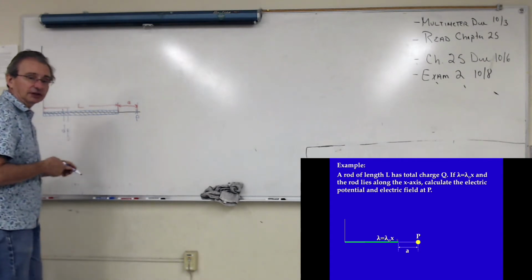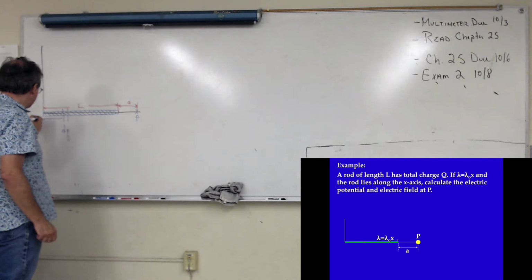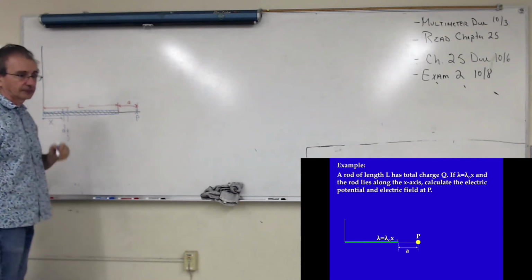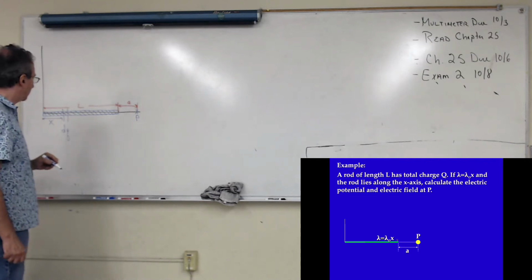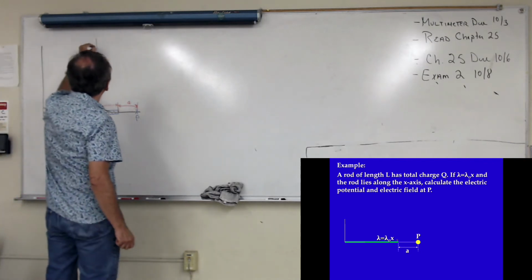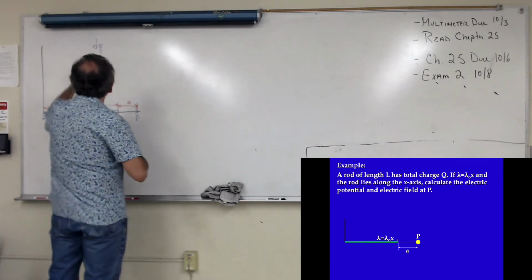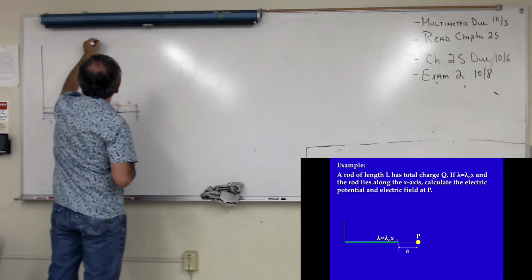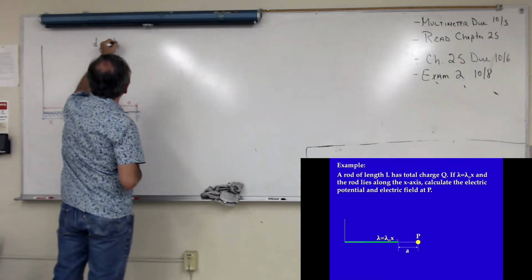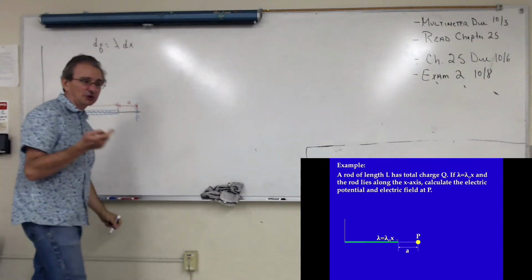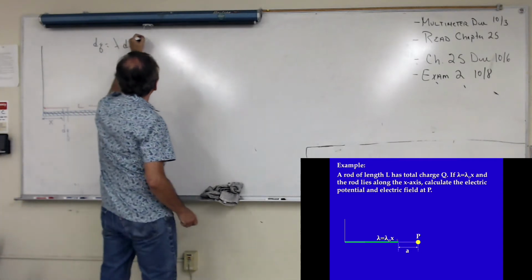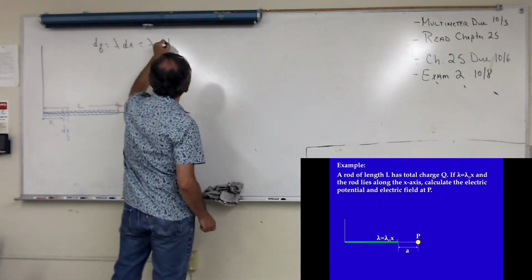That's my little dq, it's a distance x from my axis. And so my dq is lambda dx. We've done this one before. It is lambda naught x dx.